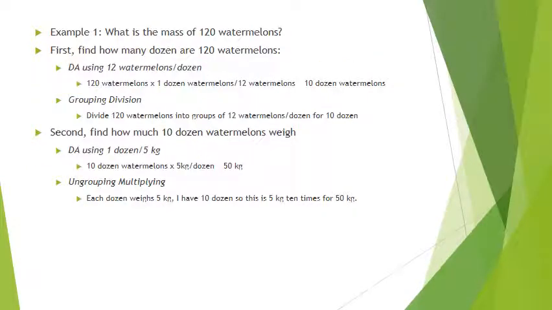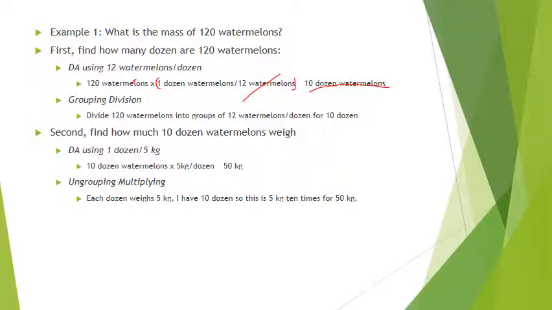So let's do this problem. What is the mass of 120 watermelons? Well, first I want to find out how many dozen it is. This is simple, so you can use dimensional analysis. You have 120, do the conversion factor, cancel out, and you get 10 dozen.